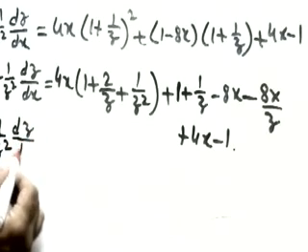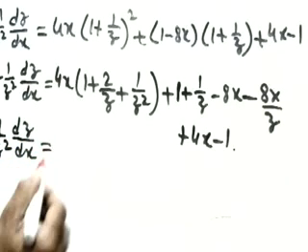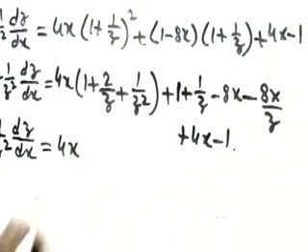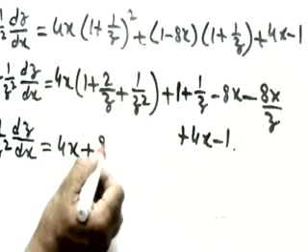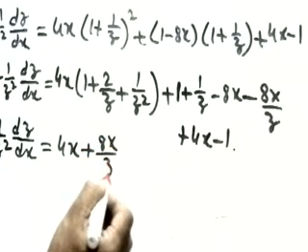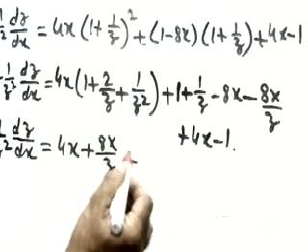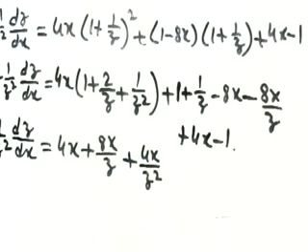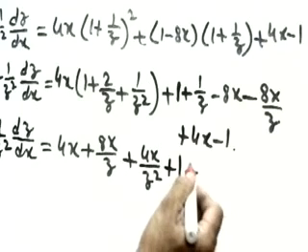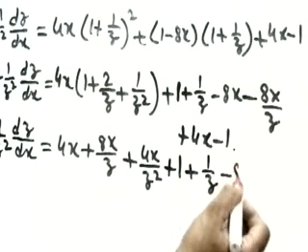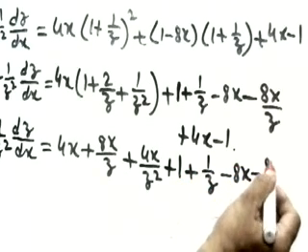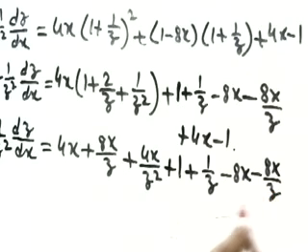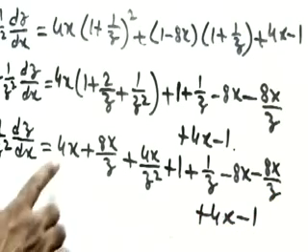Minus 1 by z square dz by dx equals 4x into 1 will be 4x, plus 4 2s are 8x by z, plus 4x into 1 by z square is 4x by z square, plus what is left here, 1 plus 1 by z, minus 8x by z plus 4x minus 1.